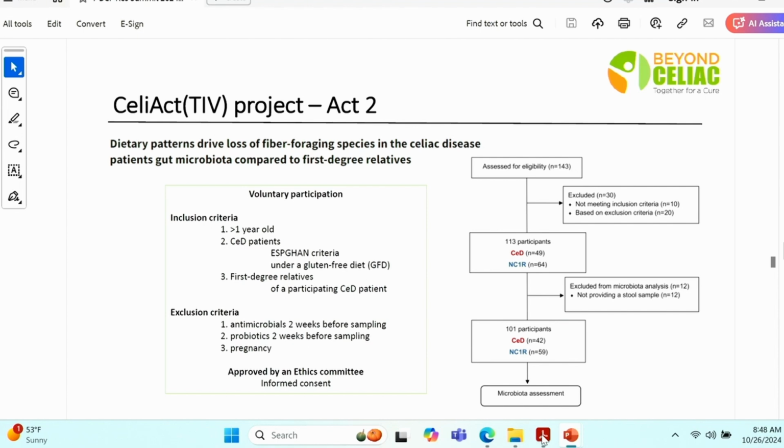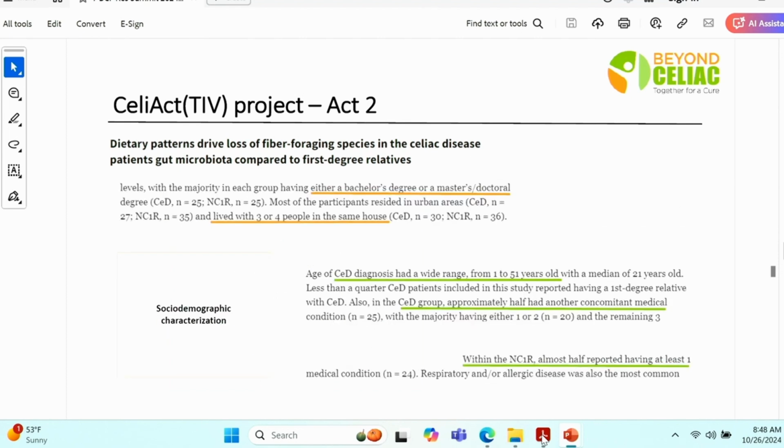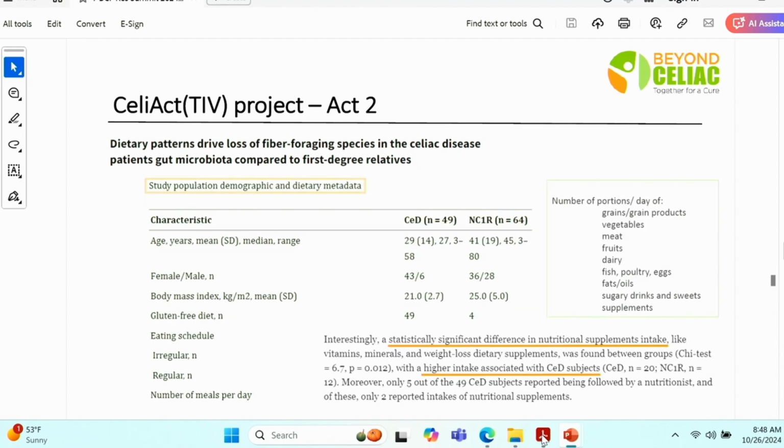The inclusion and exclusion criteria are over there. Moving on, what did we find? This is the socio-demographic characterization of the patients and their first-degree relatives. Portugal is a tiny country, but we went across the country to recruit volunteers and collect the fecal samples. Even in the demographics of the volunteers we were able to recruit, there was a statistically significant difference in nutrition supplement intake.